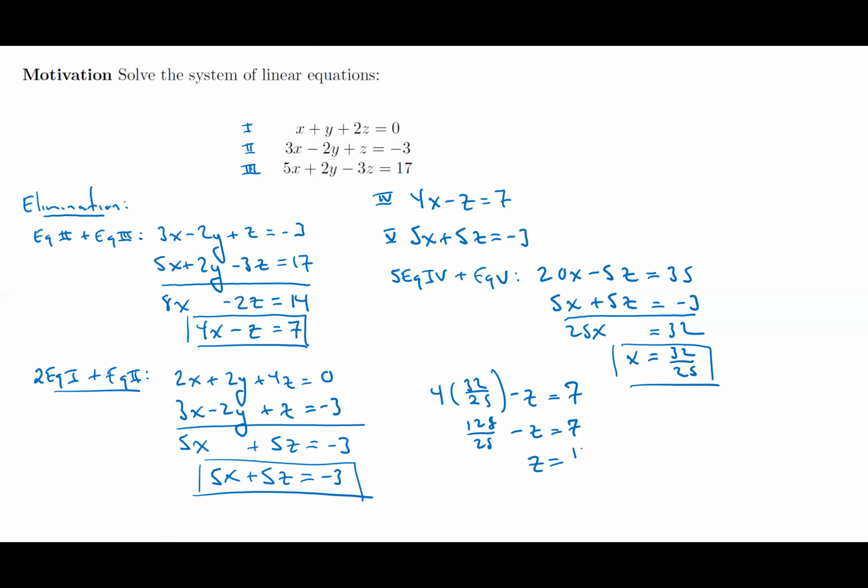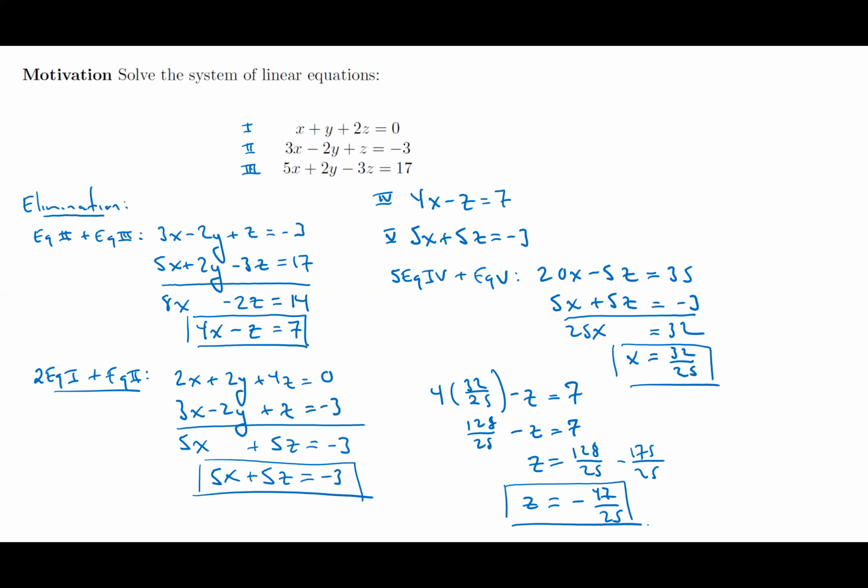Well, 128 over 25 minus 7. So 128 minus 175, negative 47 25ths. That's my z.